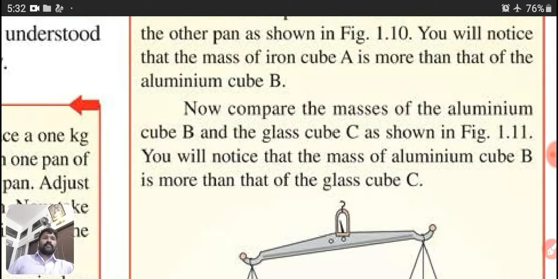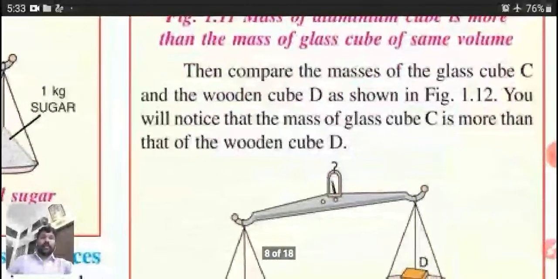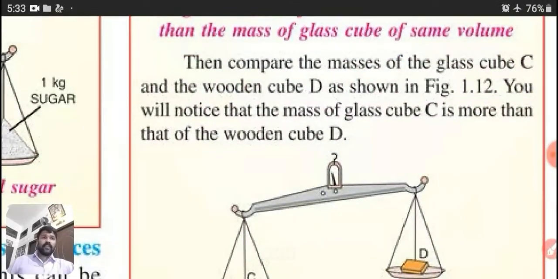You will notice that the mass of aluminium cube B is more than that of the glass cube C. Then compare the masses of the glass cube C and the wooden cube D as shown in figure 1.12.